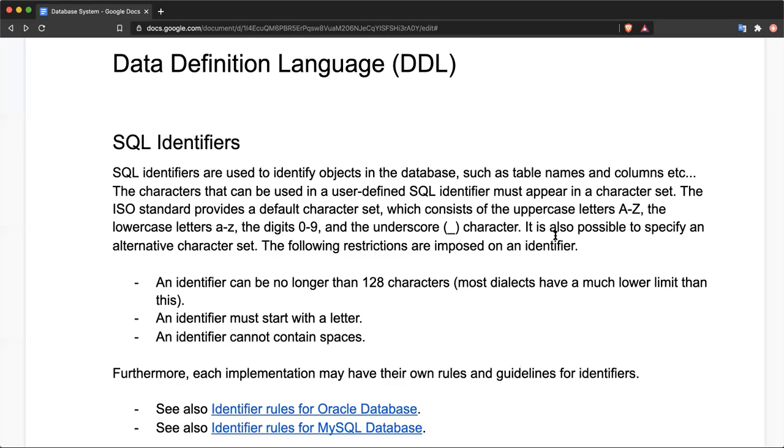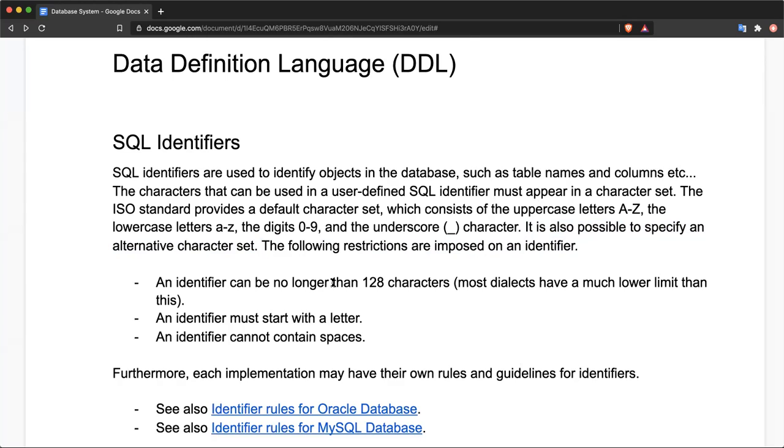Also note that you can possibly specify an alternate character set in the database besides the ISO standard. And finally, there are some restrictions imposed on identifier names, like what can be the identifier name.